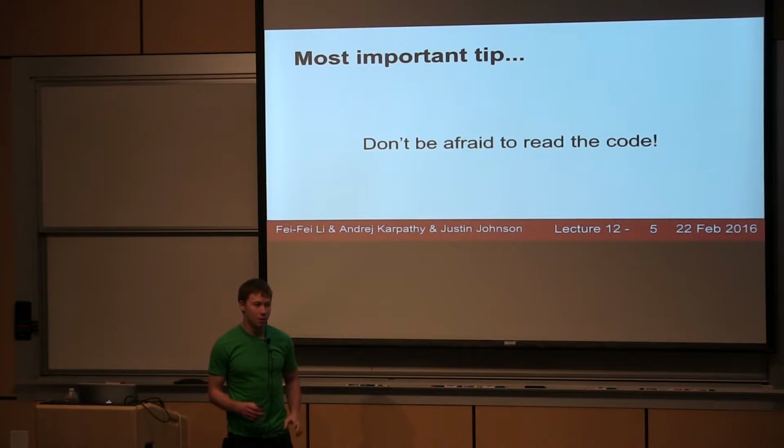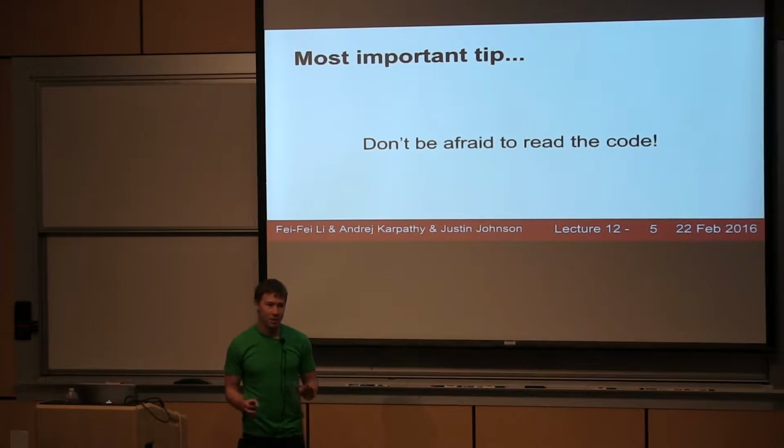So you need to not be afraid to just dive in and read the source code yourself. It's C++, so hopefully you can read that and understand it. In general, the C++ code in Caffe is pretty well structured, well organized, and easy to understand. So if you have doubts about how things work, your best bet is to go on GitHub and read the source code.